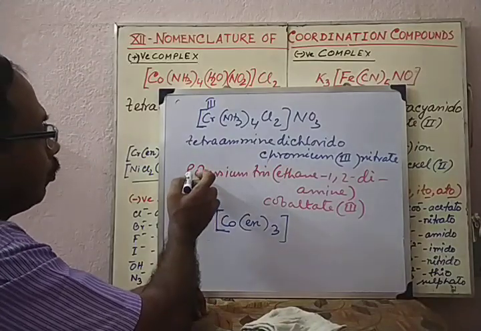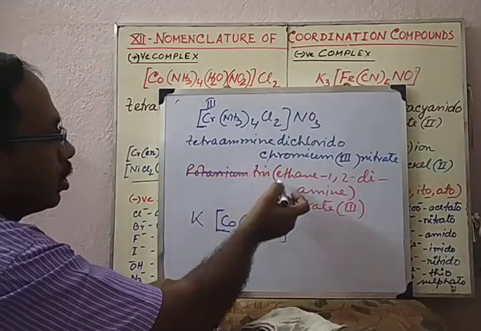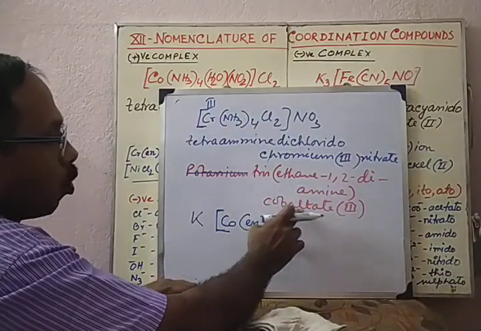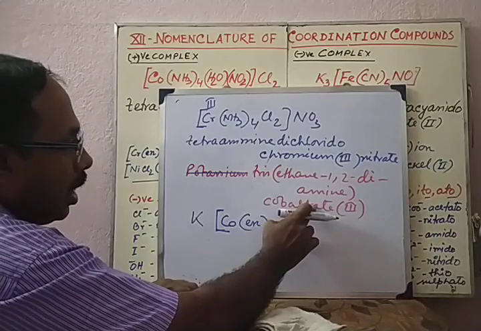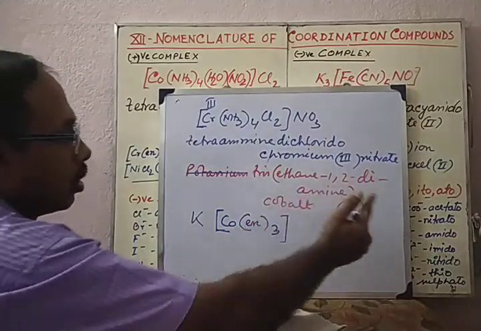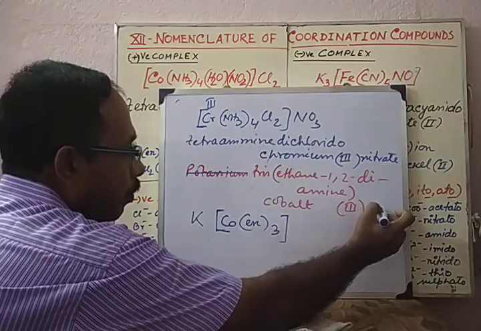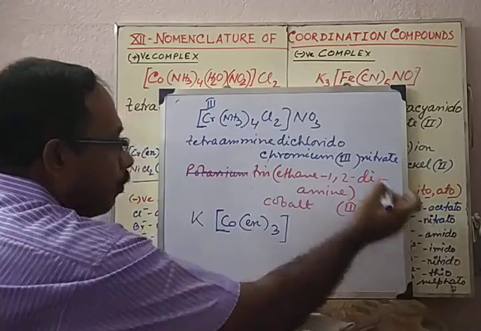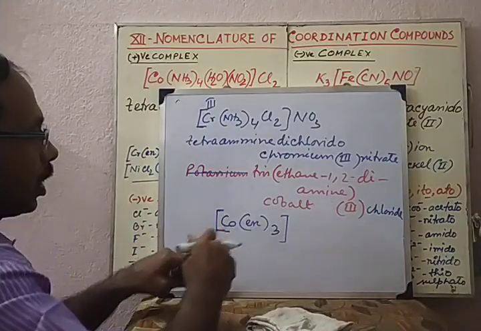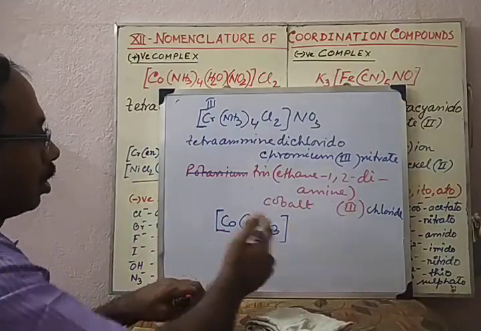So rather, if we change the name as tris(ethane-1,2-diamine) cobalt, the ate should be removed, cobalt(III) chloride, then the complex becomes positive.